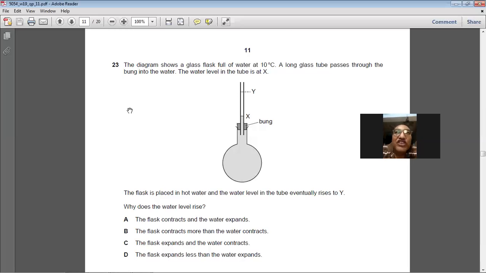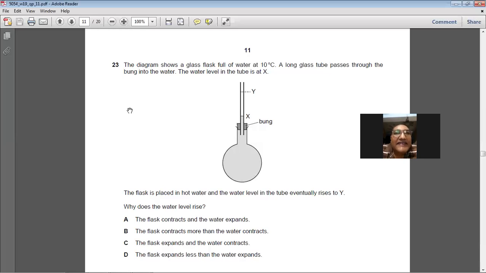And the expansion in the liquid for the same rise in the temperature is more than the expansion in the solid. So the water expanded more as compared to the flask. So when the water expands, the level of the water in that tube will rise.